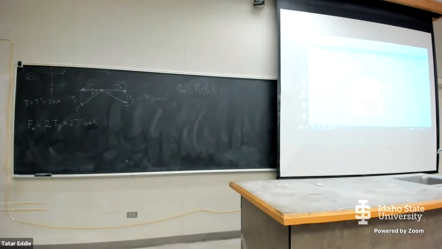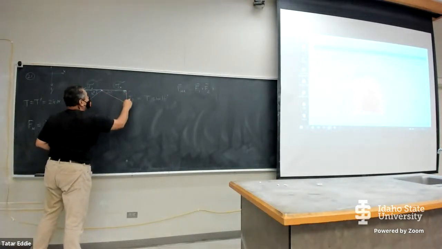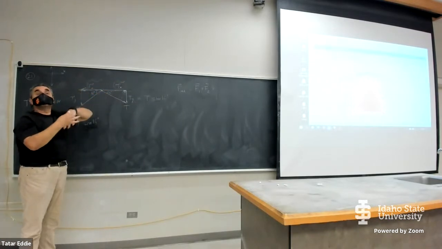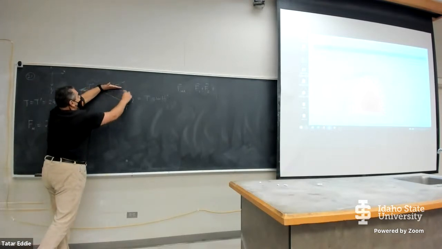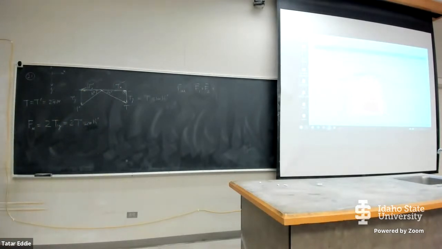This is why you have to know the geometrical addition of vectors: add the x component and the y component, and you get the total. This is the tail-to-head rule that we started in the first week of classes.